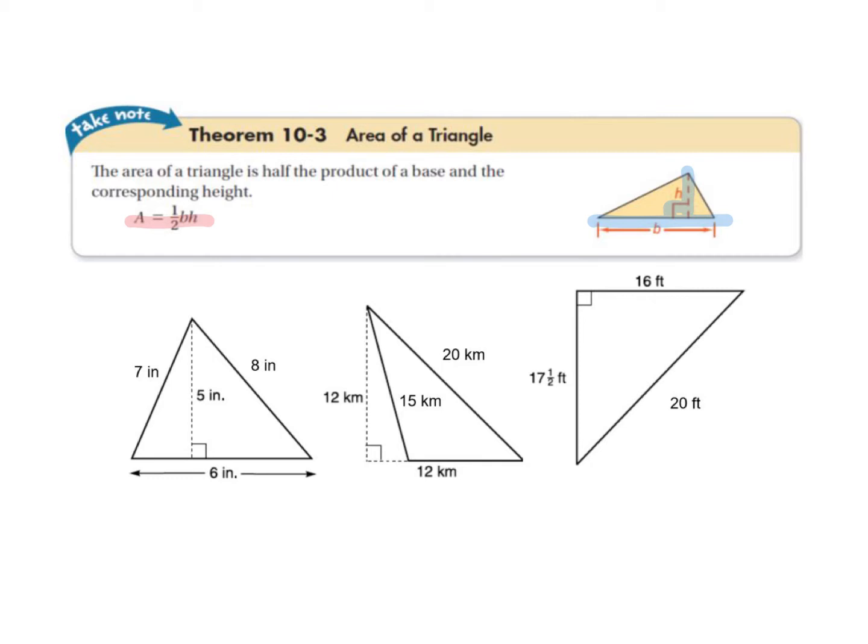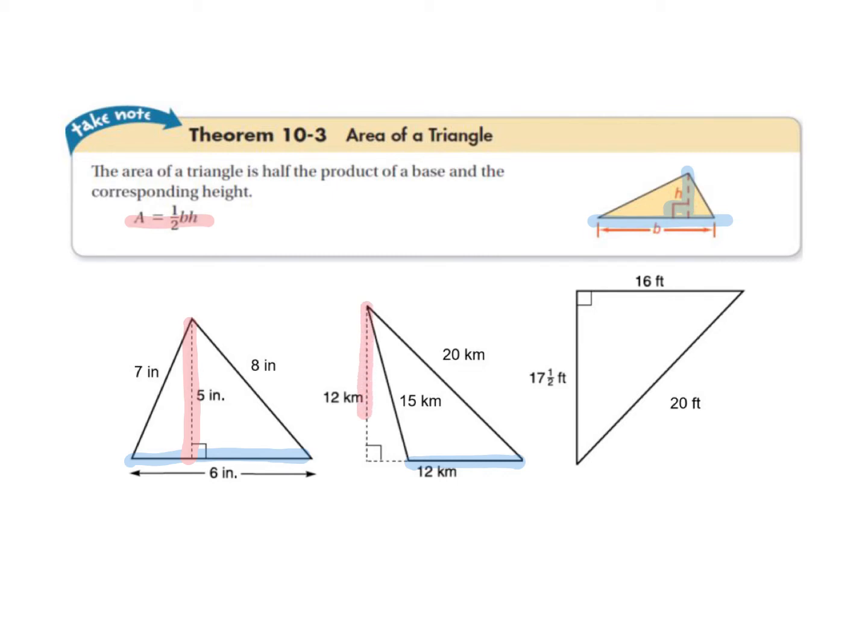Okay, so if I'm looking at this first example here, I can use this 6 as my base and this 5 as my height. Again, you see that right angle there? That's what's important, okay? Because the height is from the top straight down, right? So again, here would be my base, which is 12.